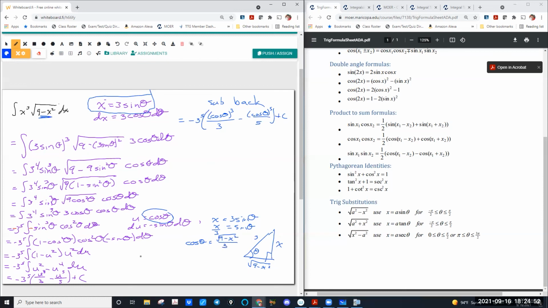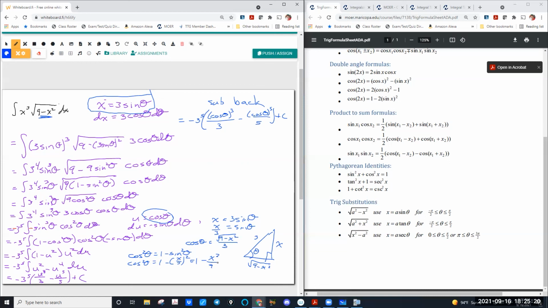If we had done Pythagorean theorem, we know that cosine squared theta equals 1 minus sine squared theta. So we plug that in. We have cosine squared theta equals 1 minus x over 3 squared, or 1 minus x squared over 9.